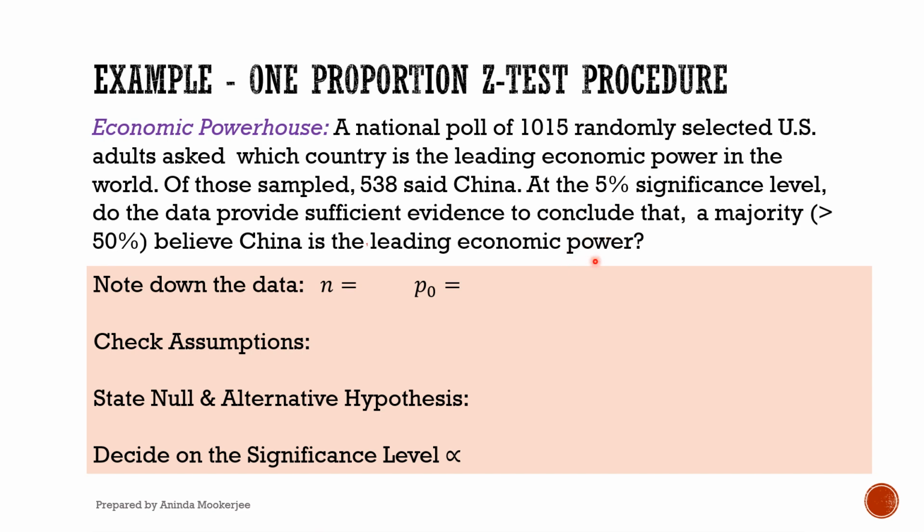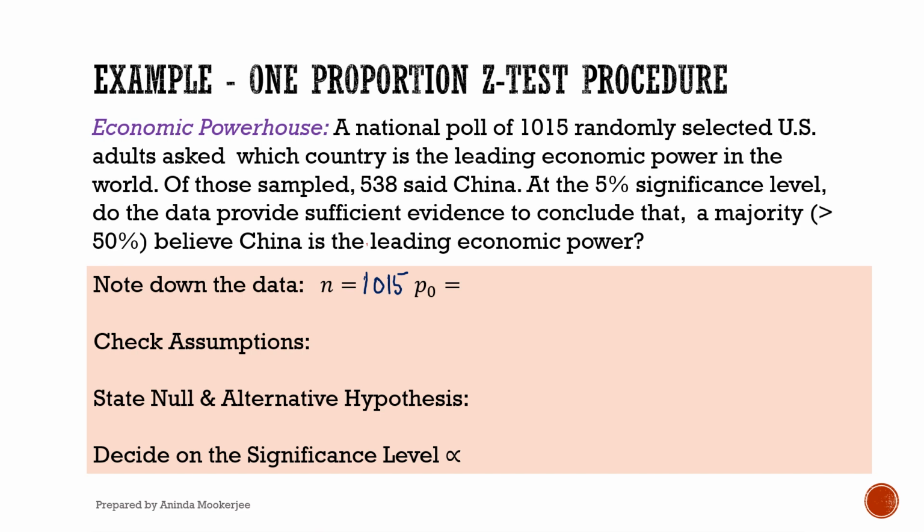All right. So a sample of 1,015 US adults were surveyed. So the sample size here is 1,015, which I'm going to write over here next to n, 1015.